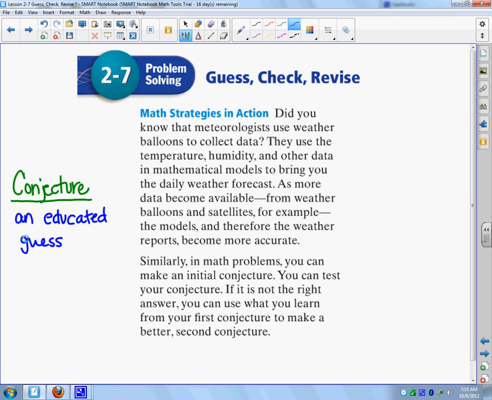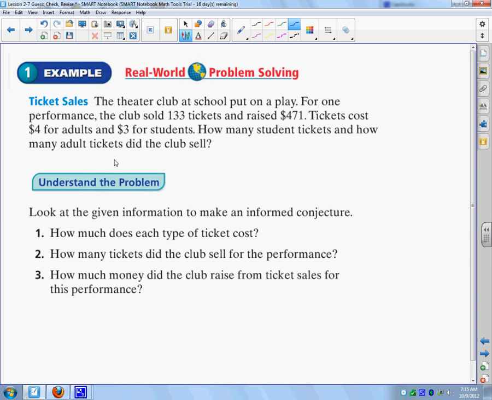It is a total guess, but it's educated. You're putting some thought into it. It could be an actual answer. So one way to solve a story problem is to guess, but then using that guess, you find out what the correct answer is.